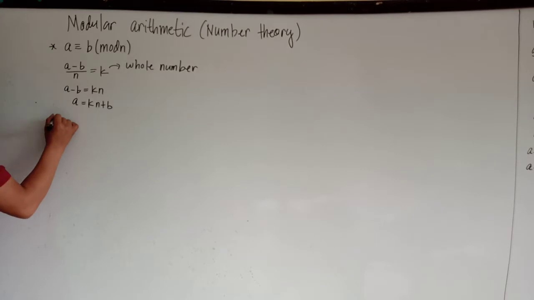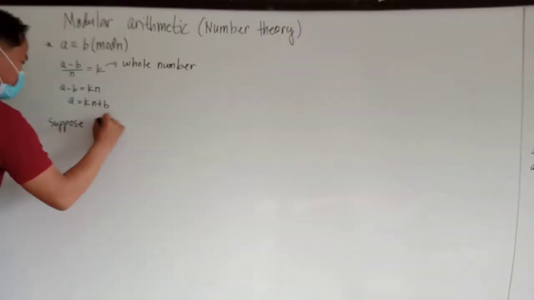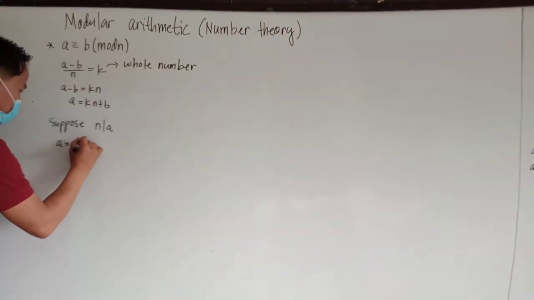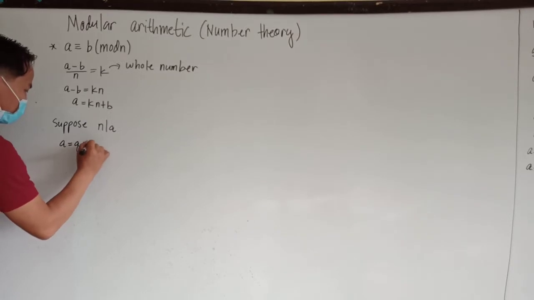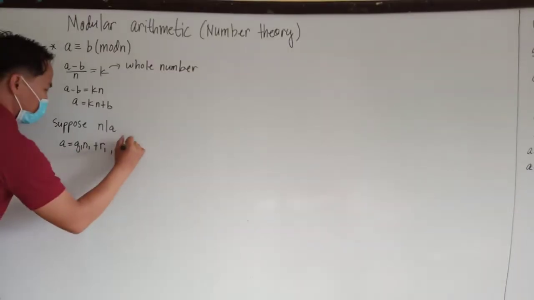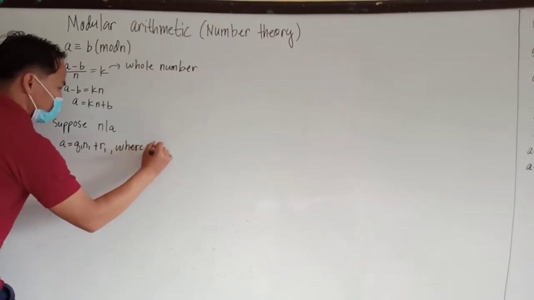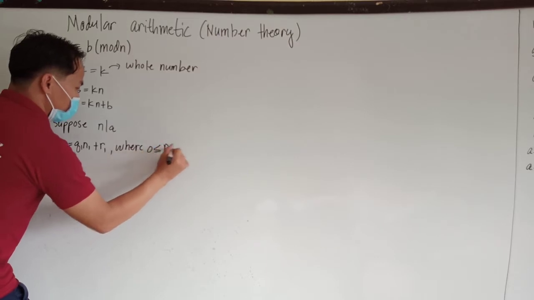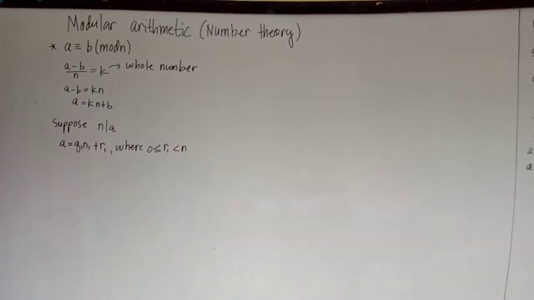Another one, suppose that n divides A, so we could let A be equal to Q sub 1, a quotient, multiplied by the divisor n, plus R sub 1, where R sub 1 is between 0 and n.